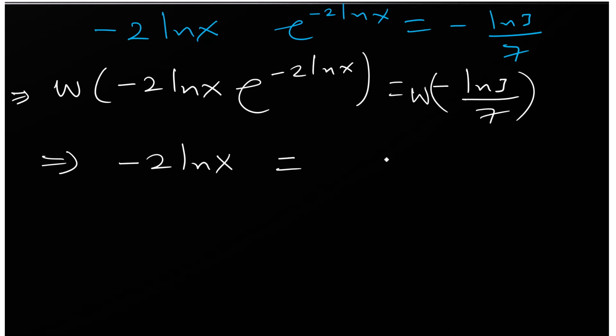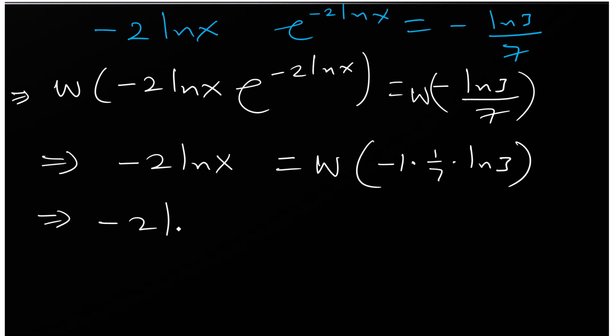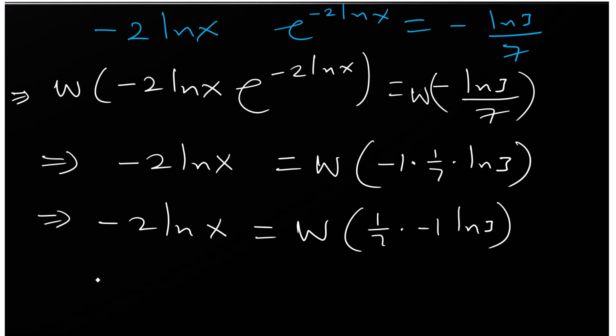Okay, now let's adjust the right hand side. We can write this one as minus 1 times 1 over 7 times ln of 3. So minus 2 ln of x equals the W function of 1 over 7 times minus 1 ln of 3. This negative comes inside, so that will be 1 over 7 ln of 3 to the power minus 1.